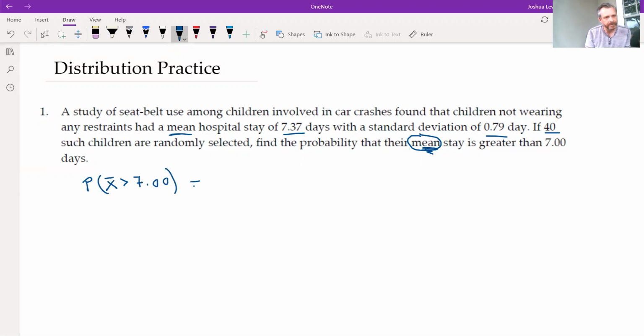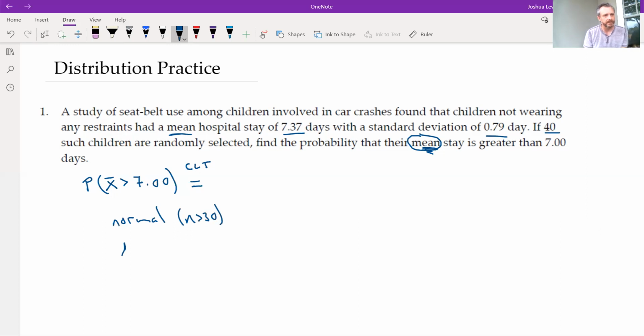Because I have the probability of a mean being greater than 7, I know that I'm going to be using the central limit theorem. And remember that that's actually the normal distribution, okay? Because n is greater than 30, right?